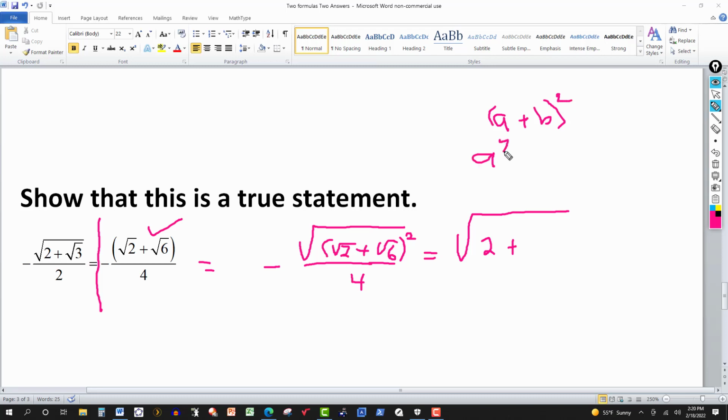That's a squared plus twice the product of the two terms, a and b, plus the second term squared. Just a basic formula from algebra. So first term squared, and that's going to be plus twice the product of those two terms. So radical 2 times radical 6, I'm just going to write it as radical 12. And radical 6 squared then is 6.